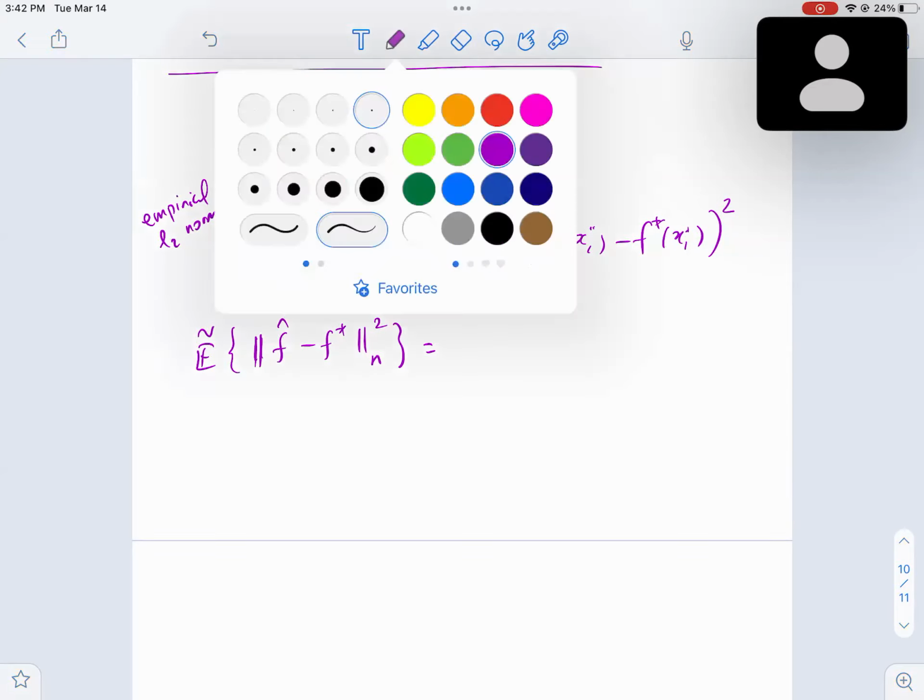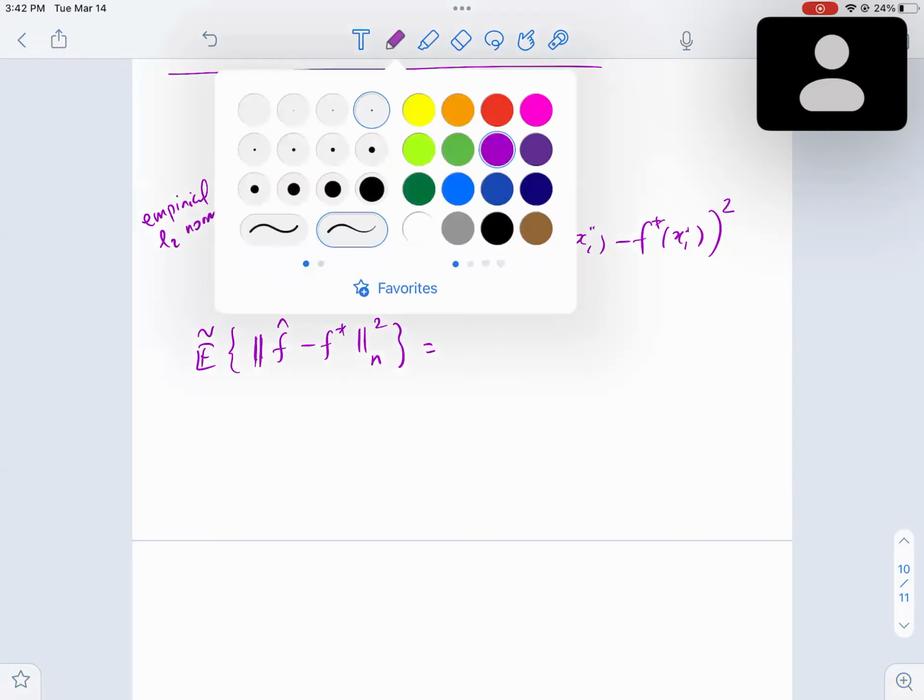So these are the training x's. What I really mean is to take expectation with respect to y1 up to yn, conditional on x1 up to xn.